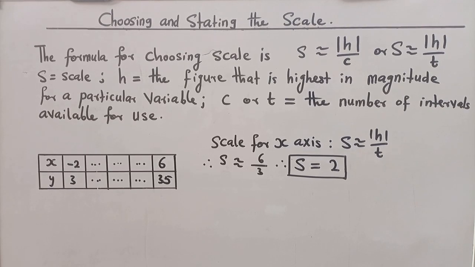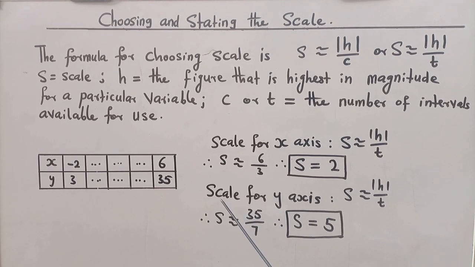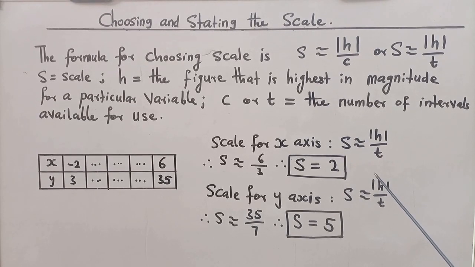Let's do the same thing for y-axis. In like manner, scale for y-axis is such that scale, like before, is approximately equal to h over t. Corresponding to this y-axis is a figure that has the highest magnitude of 35. That is why I replaced this h with 35. And this t, perhaps on the axis, that is positive y-axis.